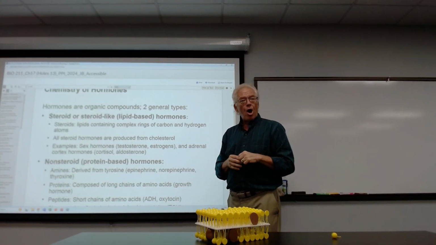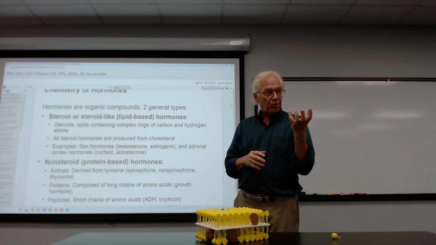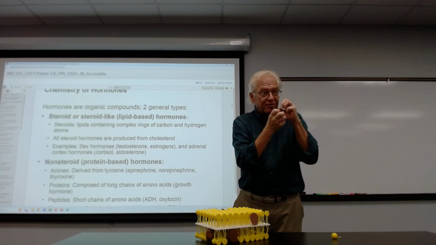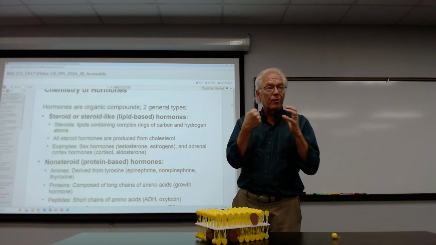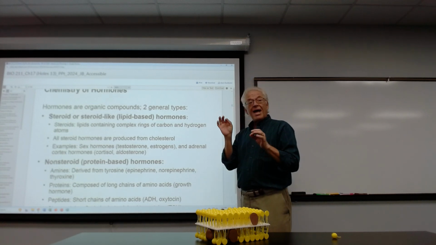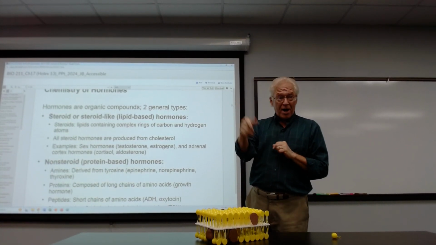And all receptors are made of protein. Why? As we learned in 210, proteins come in billions of shapes, and it's all about the shape. Round peg in a round hole. I can't put a square peg in a round hole. So the lipids have an internal receptor because they can go right through the membrane.